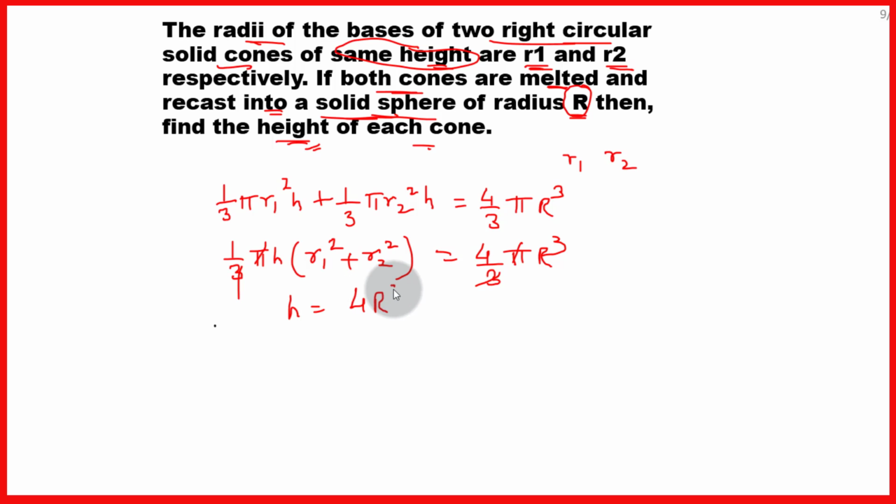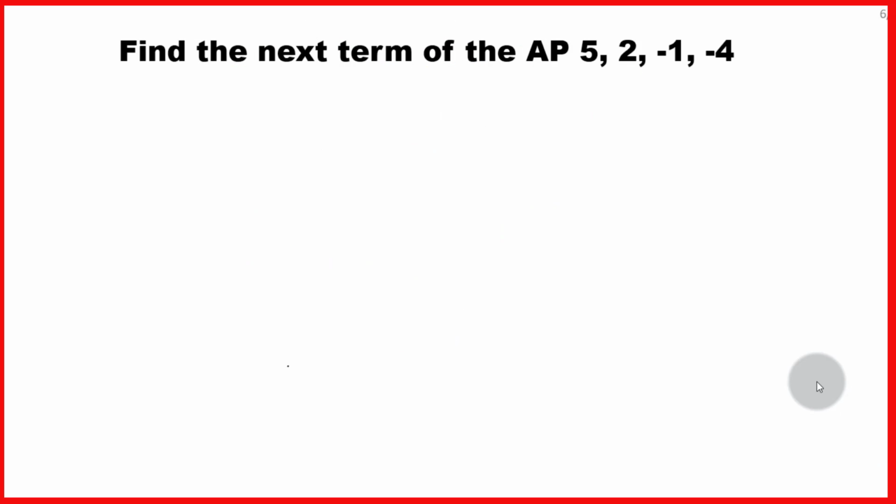So it will be 4 r cube upon r1 square plus r2 square. So the height of the cone will be equal to 4 r cube upon r1 square plus r2 square.